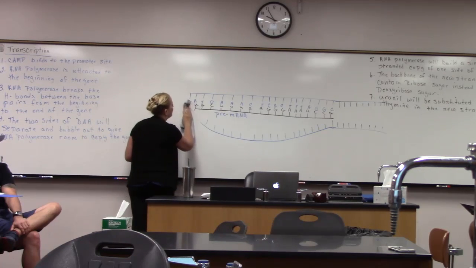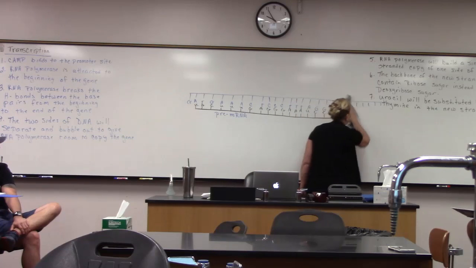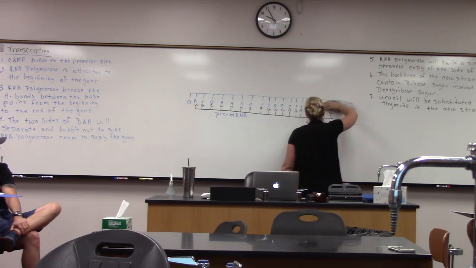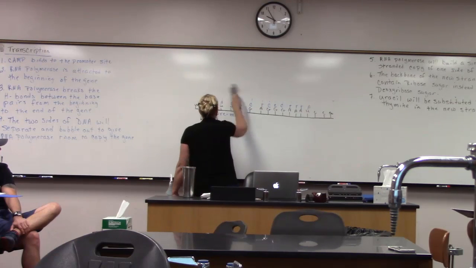Okay, so we really don't need this DNA anymore because we already made the copy of the gene. Now all we have to do is alter our pre-messenger RNA so it can get ready to take its trip.